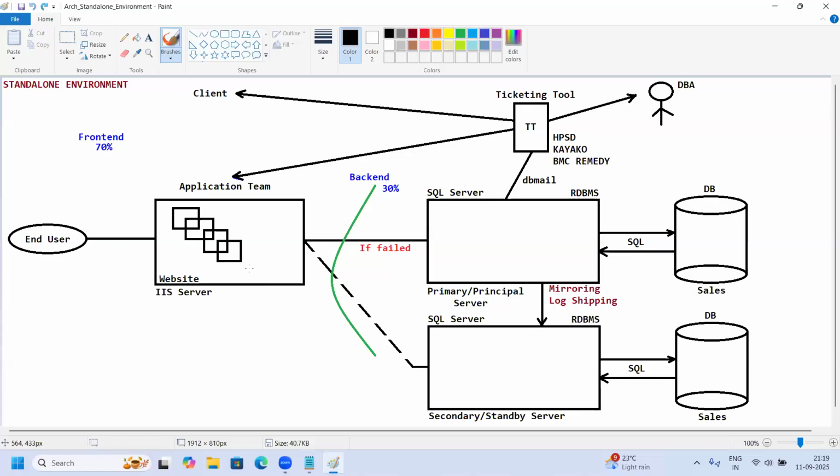I assume that it is like a shopping portal. Now this shopping portal is being accessed and used by an end user. Put yourself in the example: you are the one accessing that shopping portal, that is your website.